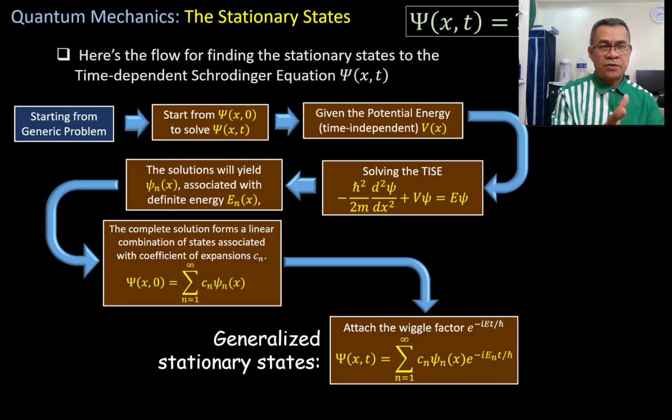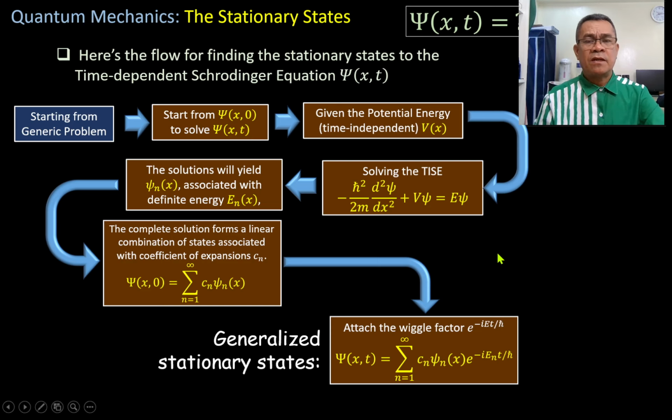So if you solve the infinite square well, you have to follow this system. If you solve the quantum harmonic oscillator, then you have to use this system. And this is true for all stationary states. Okay, so that's it. We derived the stationary state, we provided the flow, and we came up with this generalized stationary state.